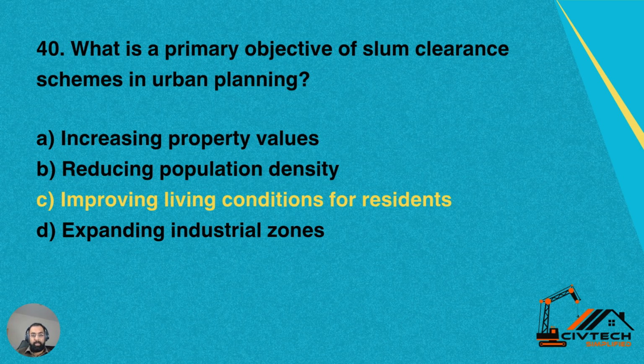Question number 40. What is a primary objective of slum clearance schemes in urban planning? We already know that a slum is basically a population settled unplanned before a town planner goes to plan that area, or sitting at the outskirts of the town in an ill-planned manner, with no proper drainage or infrastructure facilities for that community.